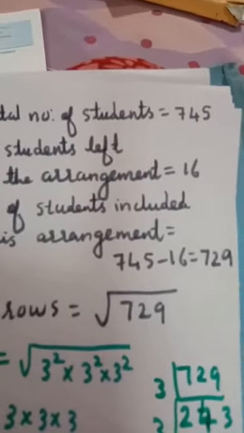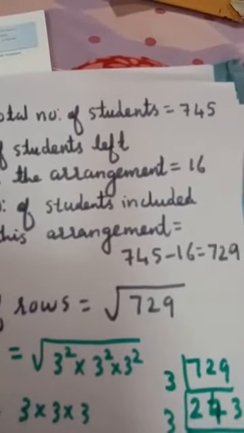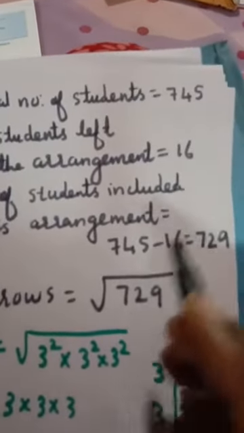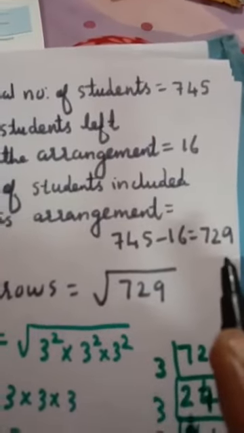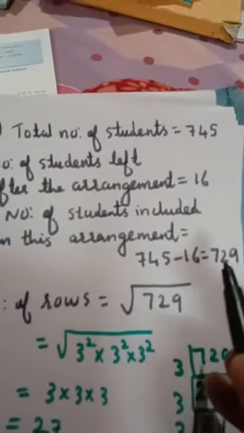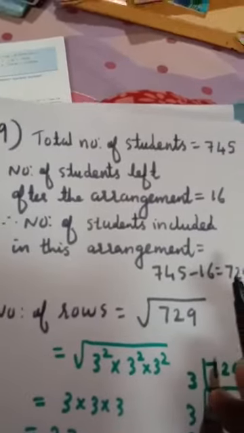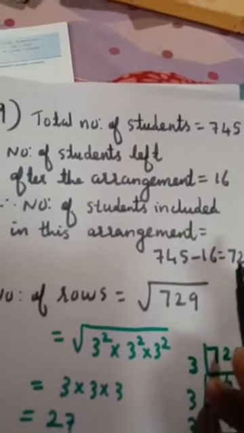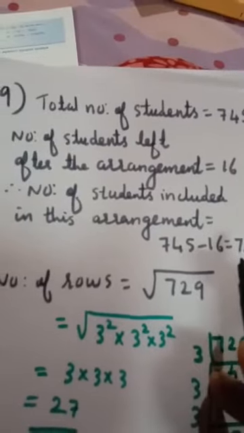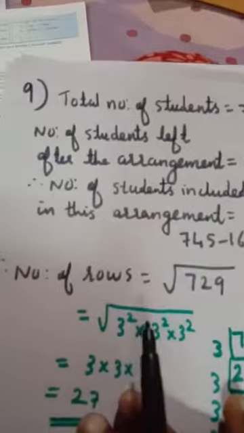That's why we subtract 745 minus 16. So how many students are in this arrangement? Only 729.